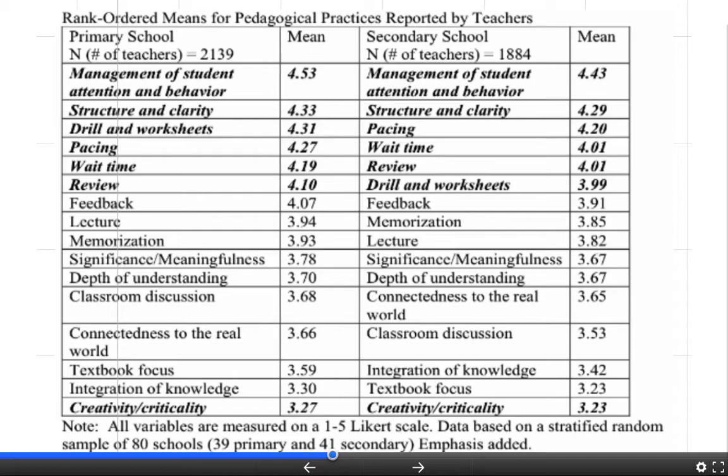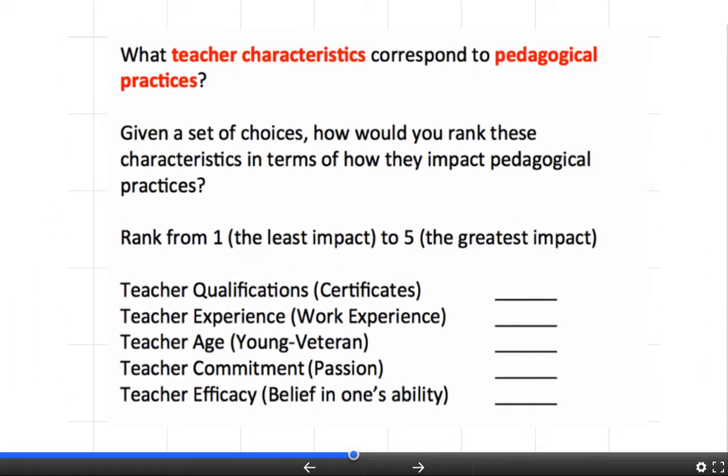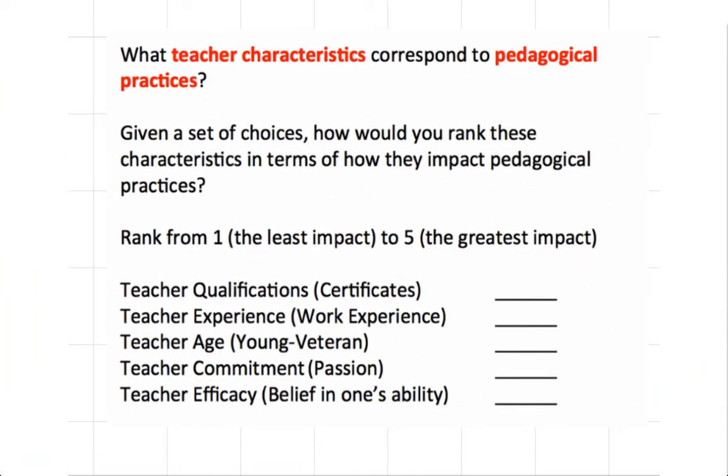They're high in TIMSS, the test in maths and science. But one area that they identify they need to really work on is creativity and criticality among their students. Now, I just showed you pedagogical practices. Managing student behavior was the one that was reported most, and then all the way down, creativity and criticality.